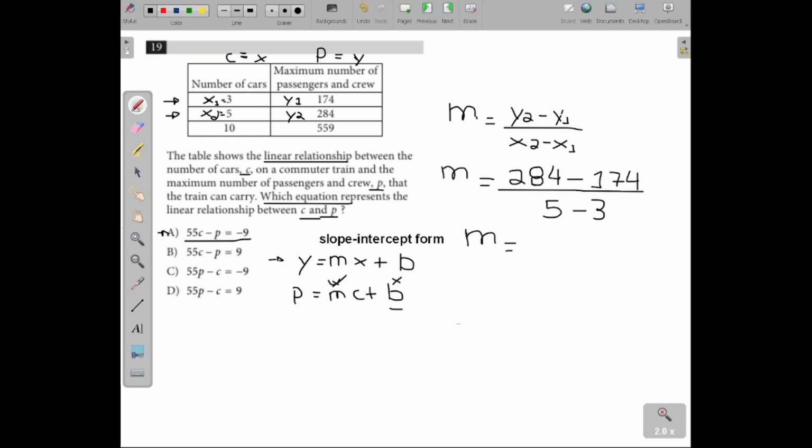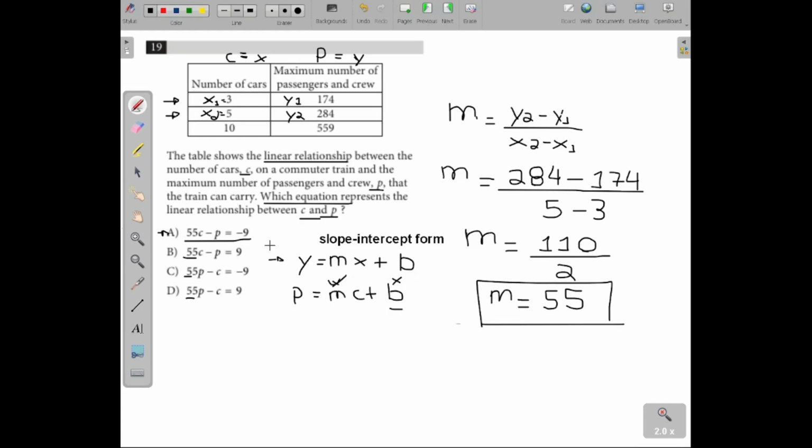Now the slope will be equal to 284 minus 174, which is 110, over 5 minus 3, which is 2. Finally, the slope is equal to 110 divided by 2, which is 55, the 55 we have in all the answer choices. So we have the value of the slope.